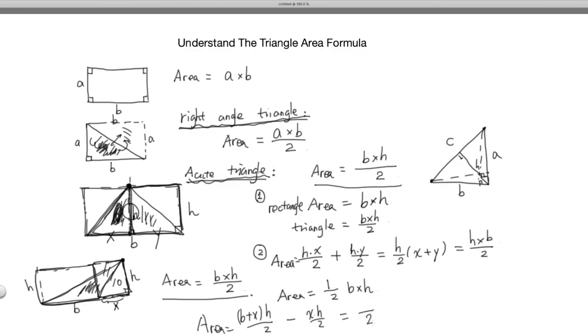And again, we use a trick, the opposite of the distributive law. Take the common factor out. b plus x minus x, this equals half of h times b.